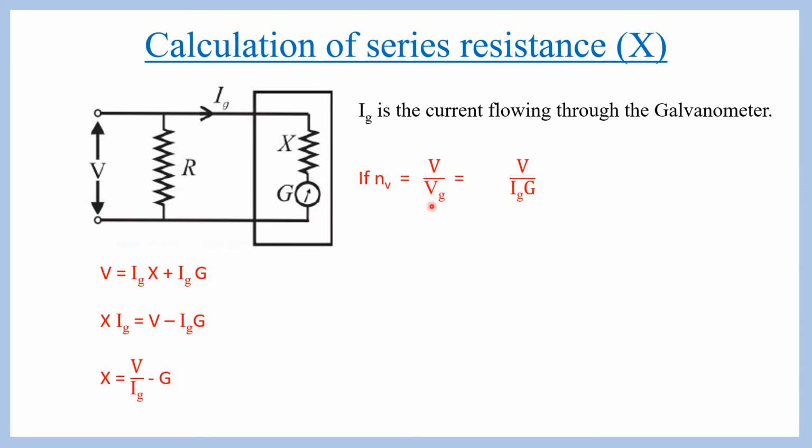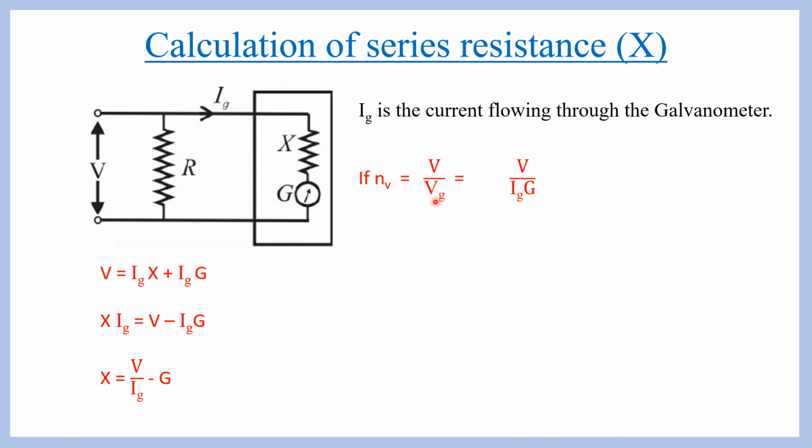What is this Vg? Vg is the potential difference for which the voltmeter initially was showing full scale deflection, and now we want to measure that voltmeter. The voltage that the voltmeter will be measuring is increased to V, which is N times Vg.